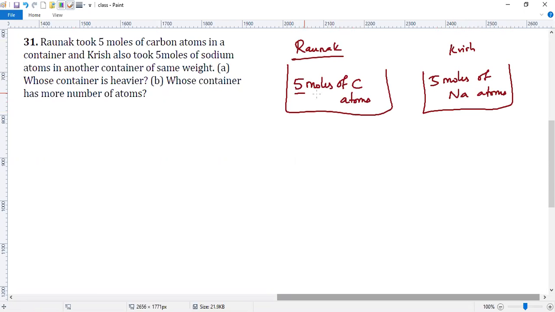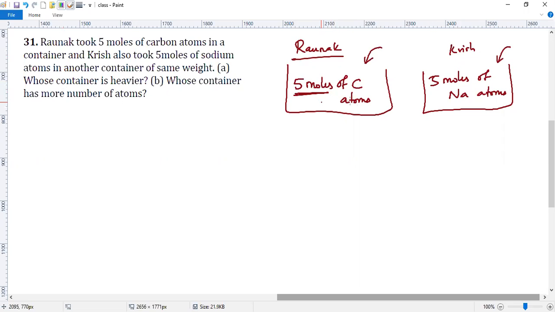So 5 moles means the same number, just like 1 dozen means 12, 1 mole has the same number. So the same number of atoms are present in both containers. The question now is, which container is heavier?